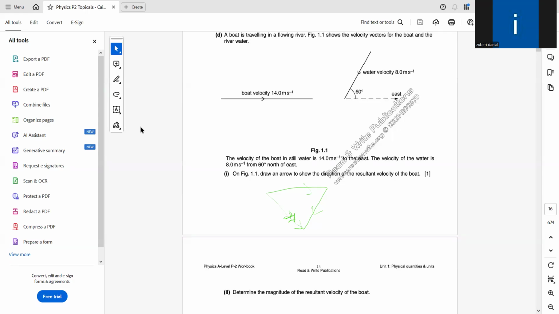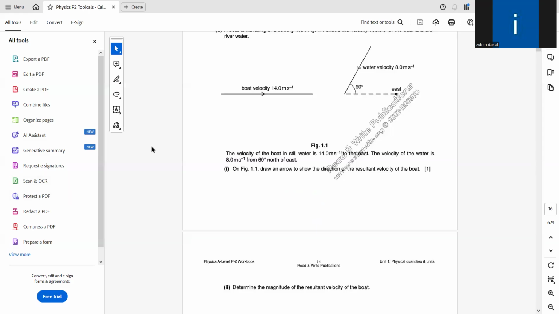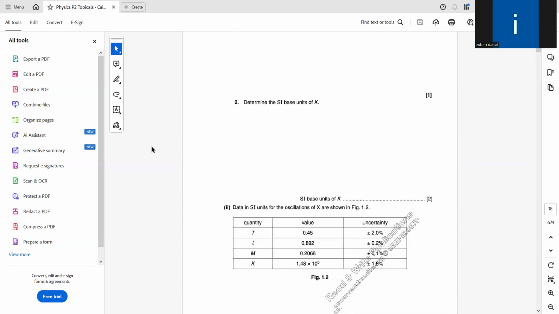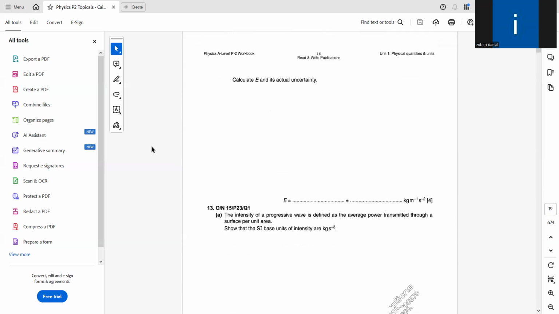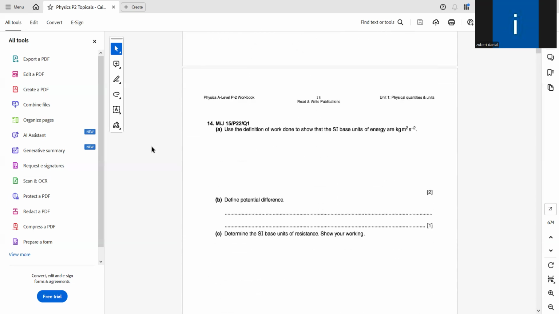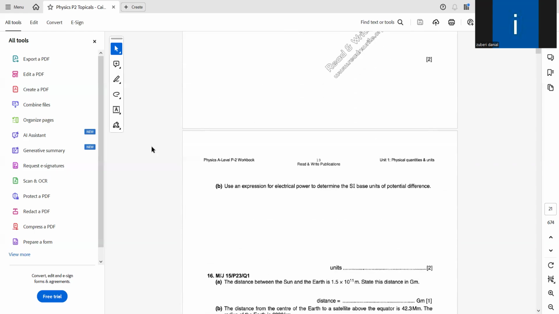Yeah, that is correct. So this was your first correct question, right? Yeah. Let's do one more. Then we'll move towards P1 questions and then towards the next topic.